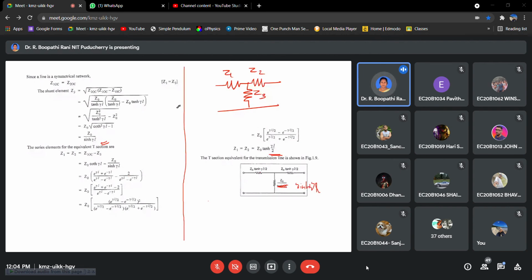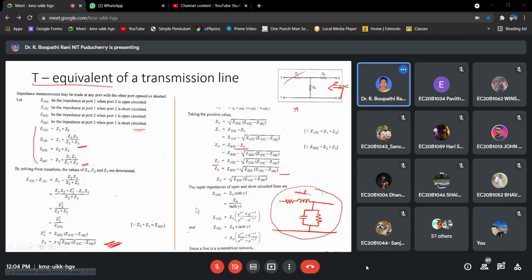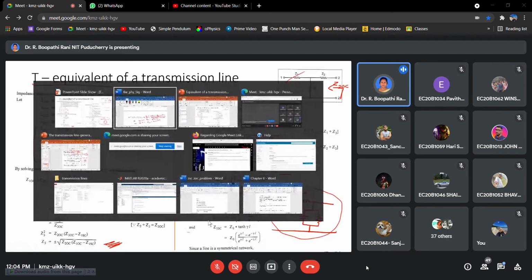Z2 is Z0 tanh nu L by 2. Z3 is Z0 divided by sinh nu L. Okay, this is what we got. So I will keep the slide for 5 minutes. You go through, and the doubt I will answer. Okay.